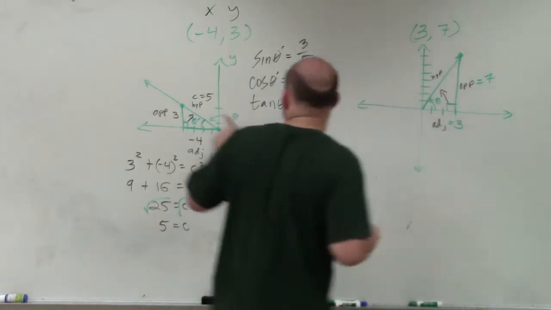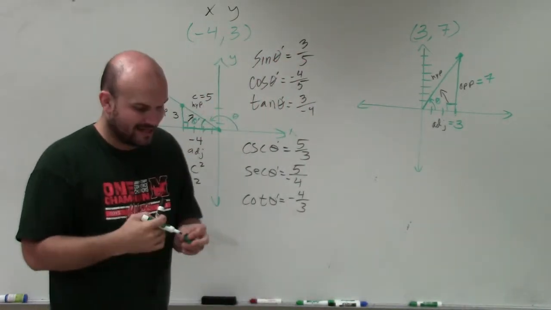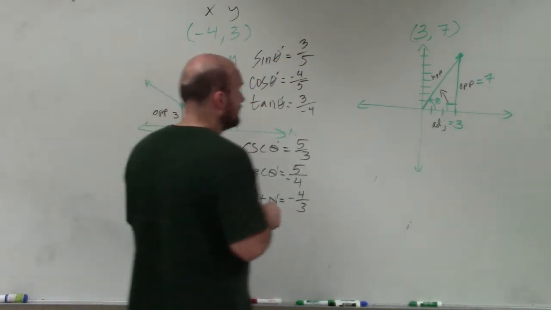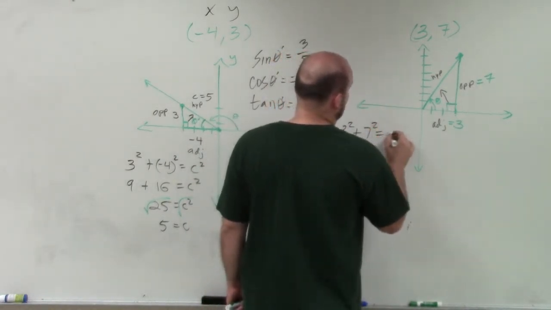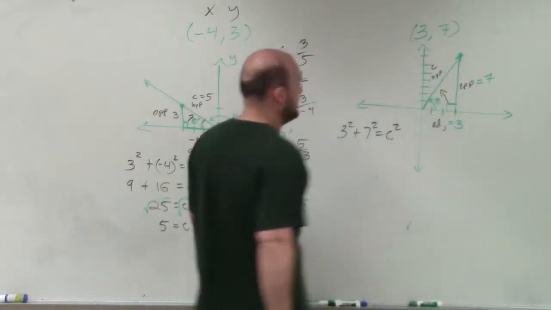So again, we do not know what our hypotenuse is, so we have to go back and do a little math. So therefore, I'm going to have 3 squared plus 7 squared equals c squared. And again, I'll call your hypotenuse c.